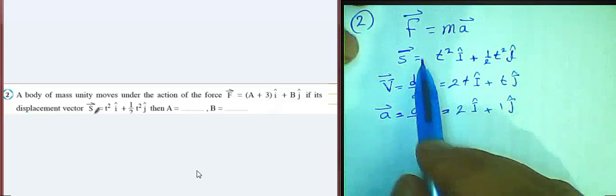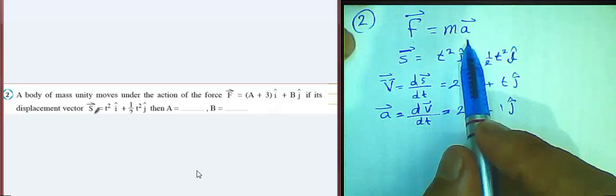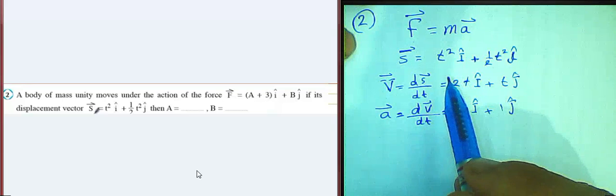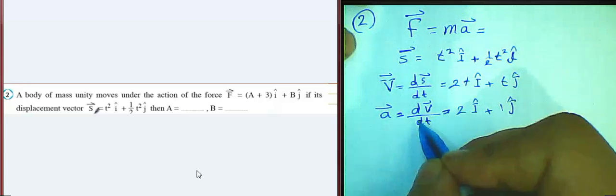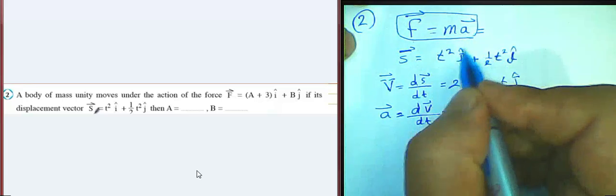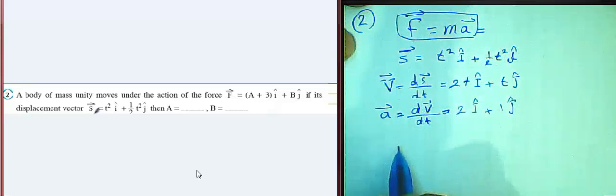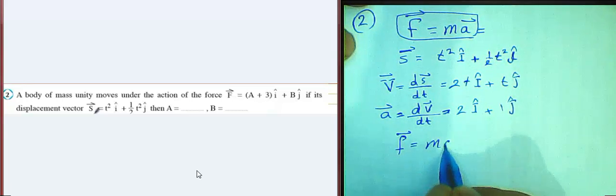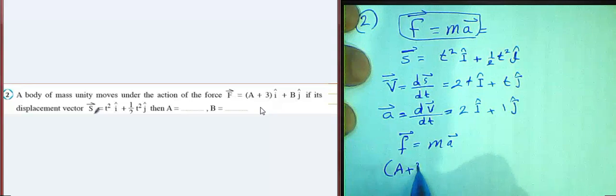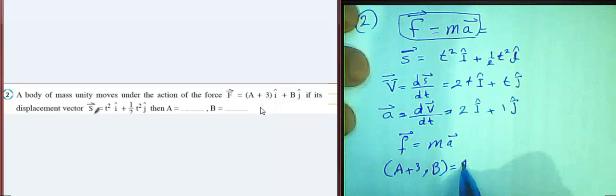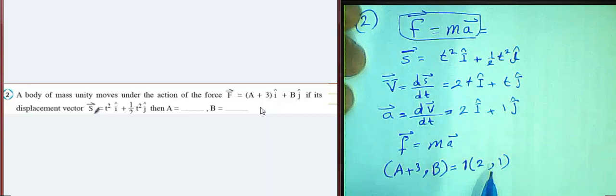Okay, then we can find the force, m multiplied by a. We have m was 1 unit in the example. Then force equal 1 multiplied by acceleration, and we have F in this example. They gave us F was a plus 3 in direction i, so we can write here a plus 3, and b. F equal m, which was 1, multiply acceleration, which was 2 and 1. 2 in the first projection, 1 in the second projection.